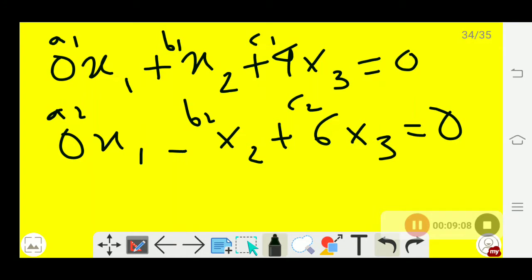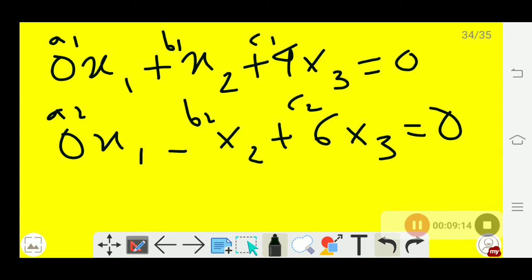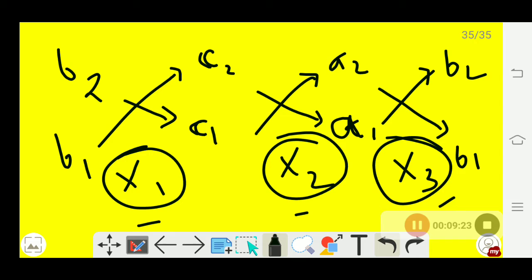Actually, I paused the video and prepared a very good thing for you people. See one thing, this is the multiplication method. I have given the names of the coefficients a1 b1 c1 a2 b2 c2 like this, and this is the method you need to follow here.